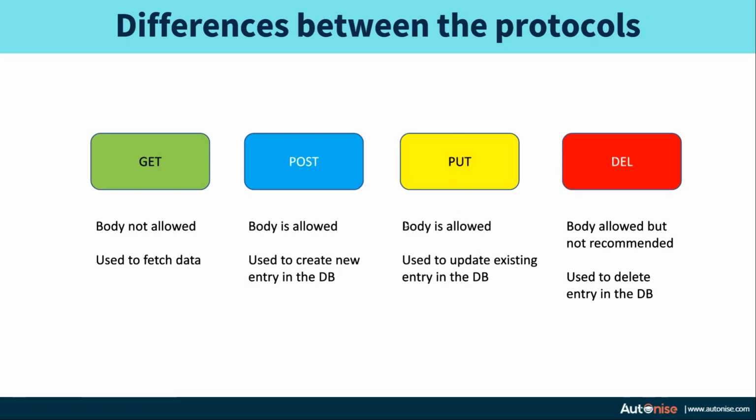Then comes finally the DELETE request. The DELETE request is used to delete an entry in the database. In the DELETE request, the body is not needed. For deleting an entry, you just need to send the ID or a unique identifier for that entry, which can be sent in the route just like the GET request.